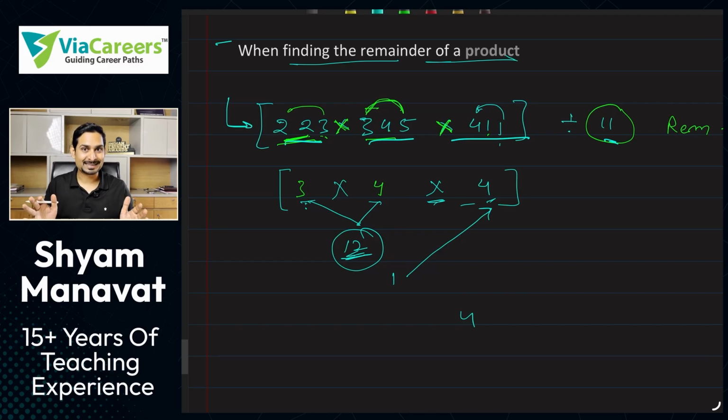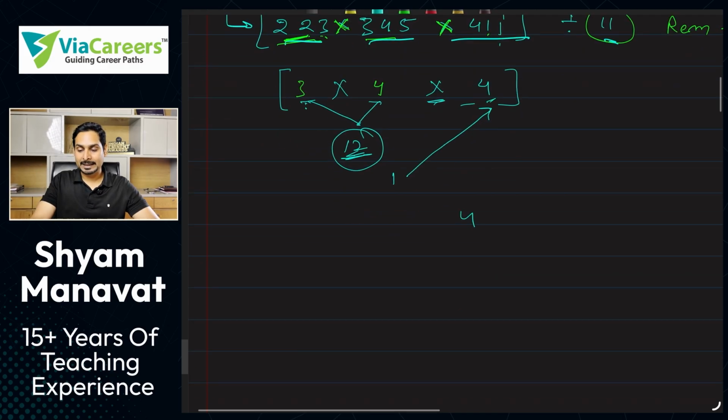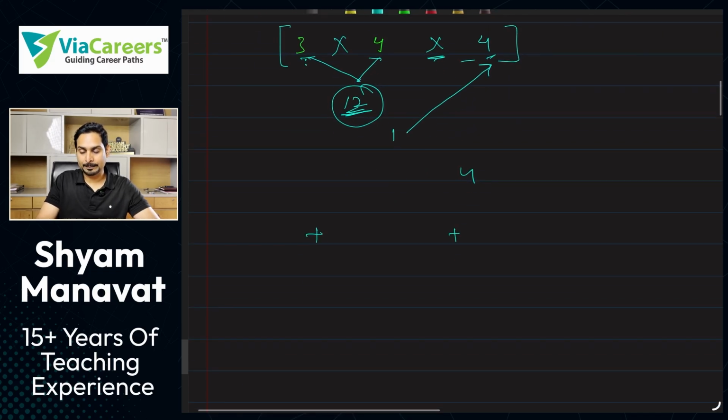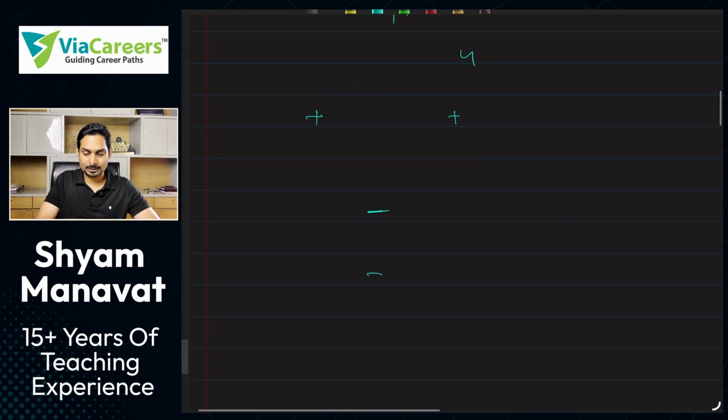Is that clear? Okay, now it works for multiplication, it works for addition, but we cannot be very sure about subtraction, and we can definitely not do it with the division operator. What I'm trying to say is, if you have, say, 441 divided by 123 and then the result further divided by 11, find the remainder.